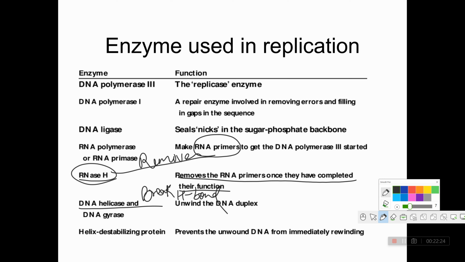Another is DNA gyrase. DNA helicase breaks the hydrogen bond, and DNA gyrase or topoisomerase are the same. They unwind the DNA double helix, twisting or unwinding it. Another is the helix destabilizing protein.